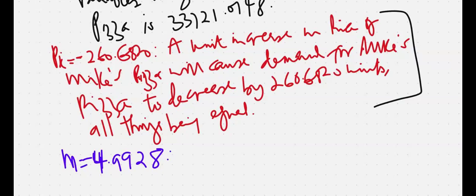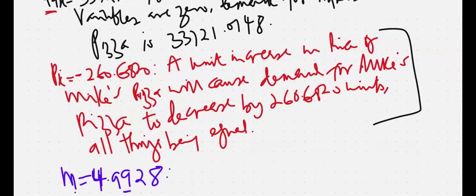So now I've written the variable, which is M, with the corresponding coefficient, which is 4.9928. You repeat for all the respective variables: advertising, price of Sprite, price of Max Pizza. Repeat for each of them. But the only thing which will change in the interpretation, when you look at the PX, are what I'm going to underline. Number one, the name, the variable in question, will change, like the price of Max Pizza.